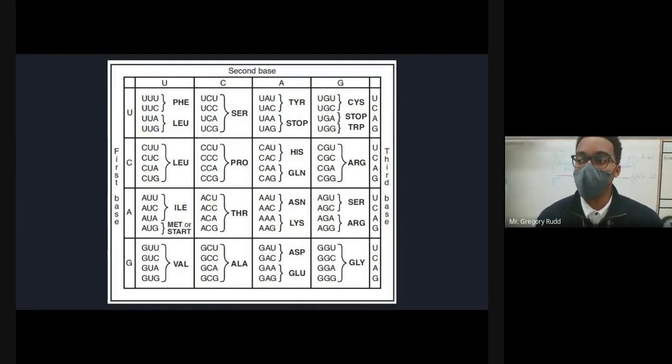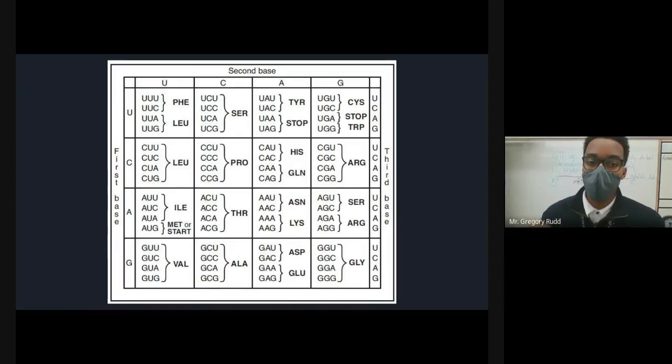If there were actually 64 amino acids, that would mean that every single combination coded for a different amino acid. That would mean that the order really, really matters. But what we see here is that not every combination gives you a different amino acid. For example, UUU, do you see UU in the very top left?